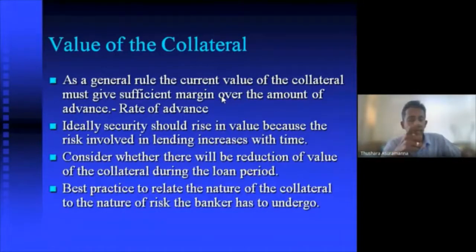So you need to decide how much you need to have. From bank to bank, there may be different requirements to maintain the asset or collateral cover. Some would say 70%, some would say 80%. So you need to maintain that particular collateral cover when you are extending credit, right?